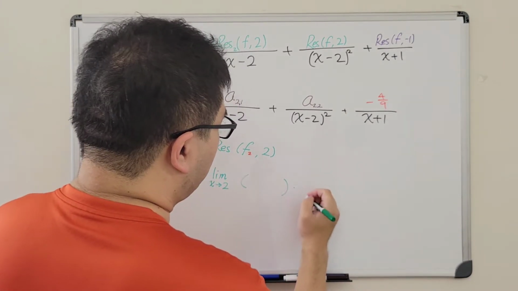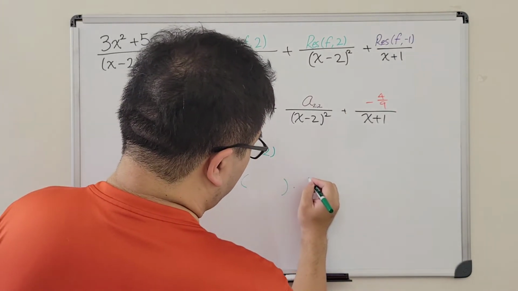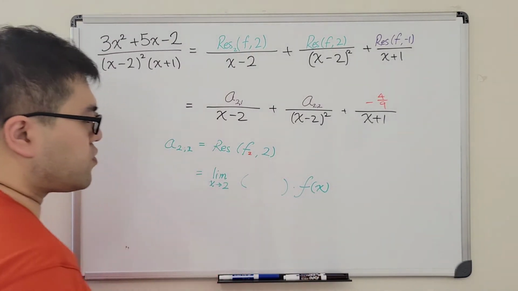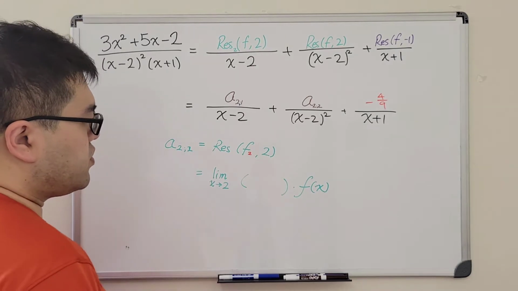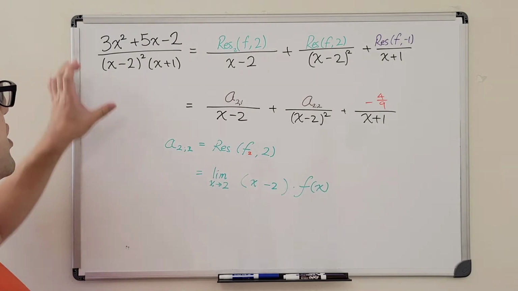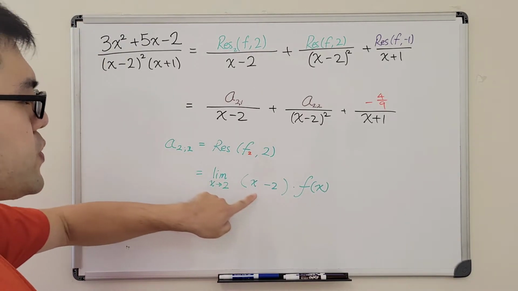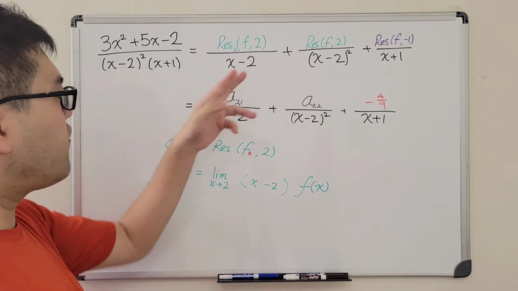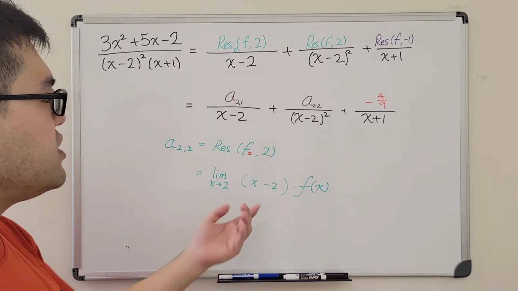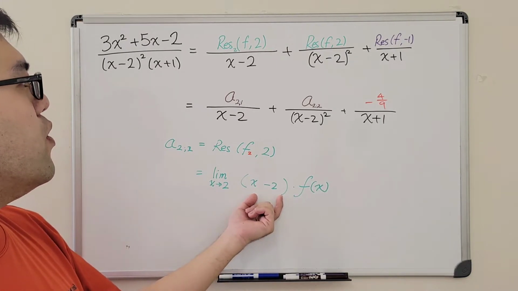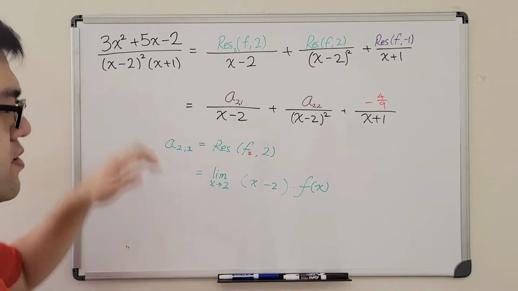We have the original function f of x, which is the expression up here, times x minus 2. But of course, we cannot just simply multiply by x minus 2, because we won't be able to cancel all the copies.